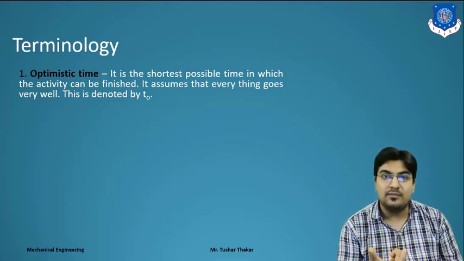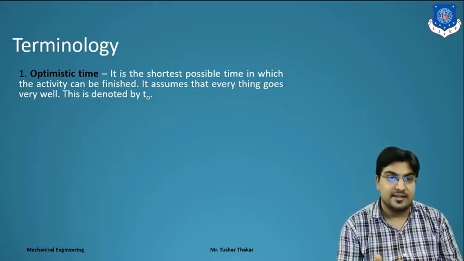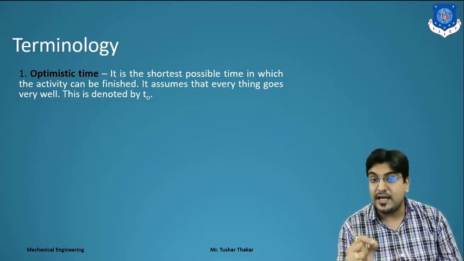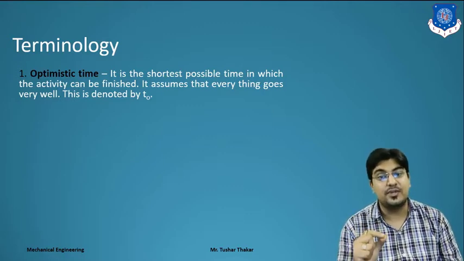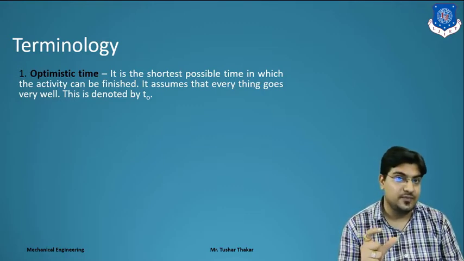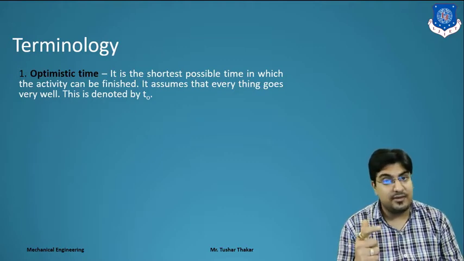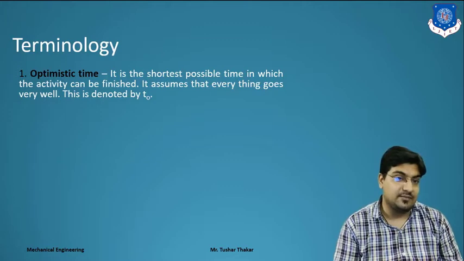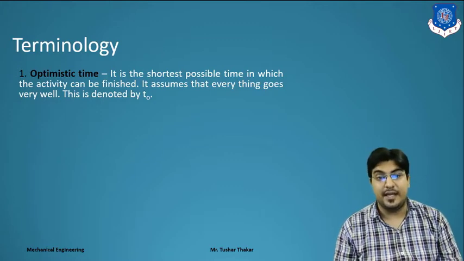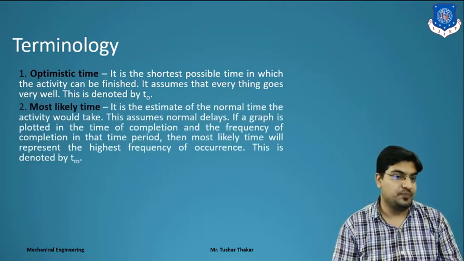How much time is required to complete the task at optimum, and we have to optimize it. It assumes that everything goes very well, then what is the shortest possible time? It is denoted by T0.